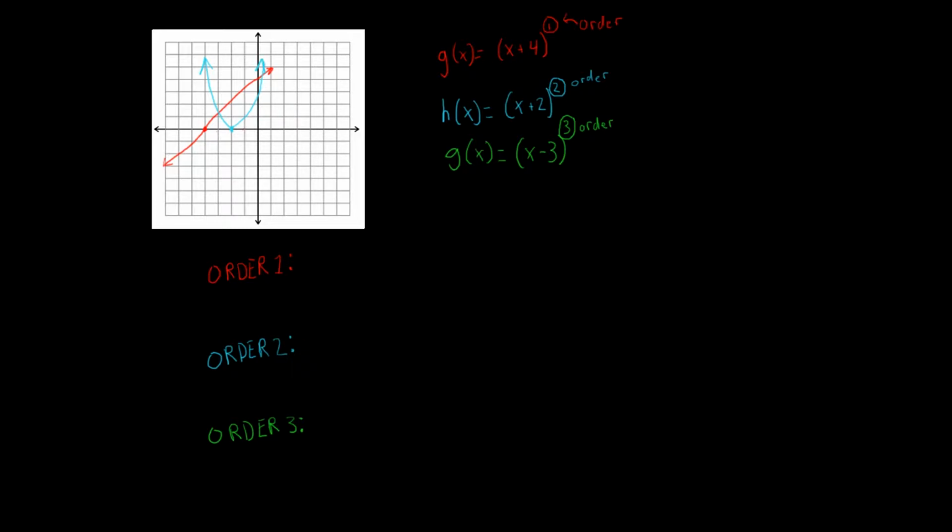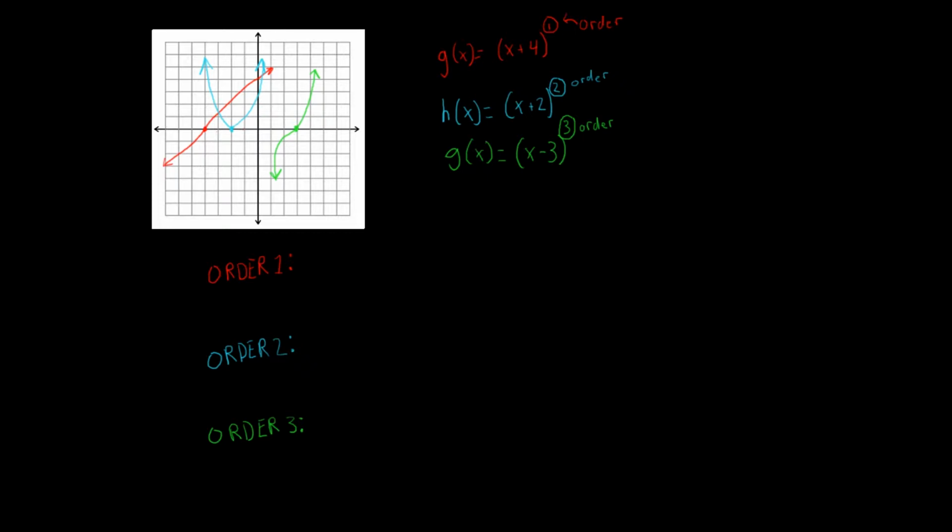And then g of x, x minus 3, so x equals plus 3 is the root, and that's all to the exponent of 3. Let's say y equals x to the power of 3 is a cubic function. If we take a cubic function and slide it 3 to the right, then it'll look something like that, right?